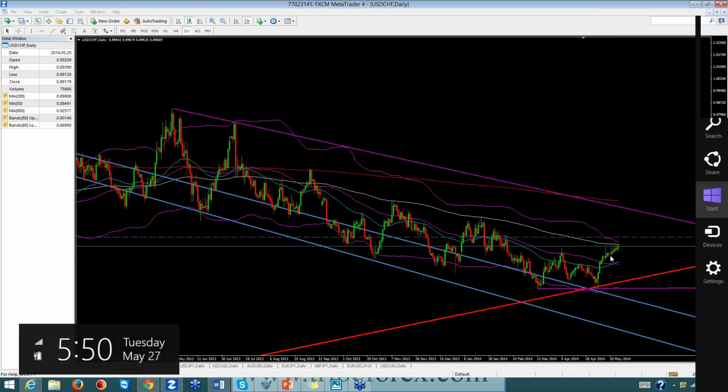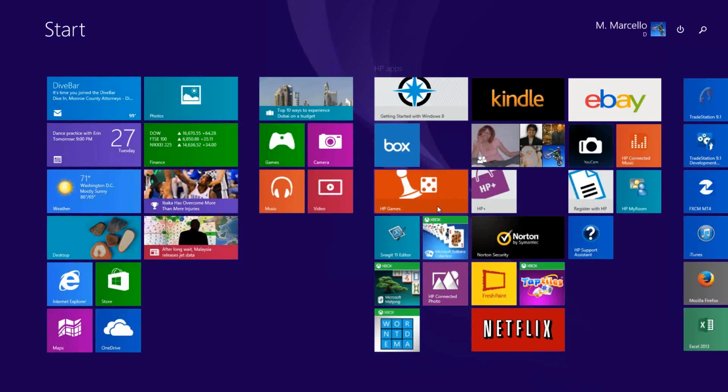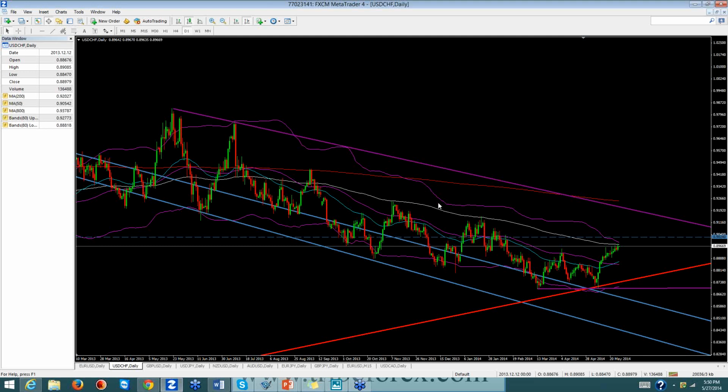A lot of trend lines here to consider. None of those actually work.